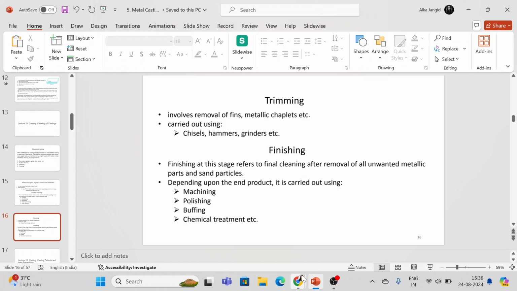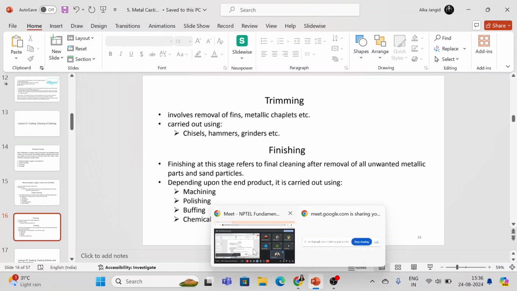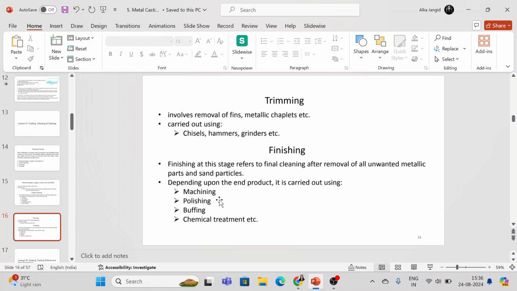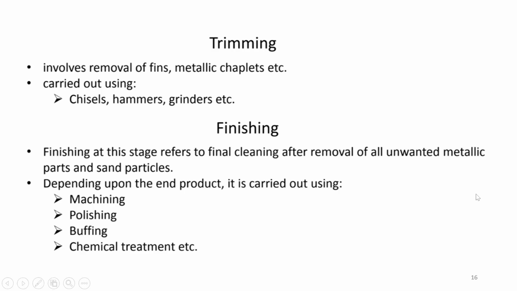Depending upon the end product, it is carried out using machining, polishing, buffing, and chemical treatment. For example, if you have dipped your material in some acid, then the asperities, the parts which are not uniform, get dissolved first. So it can provide you with a surface finish.